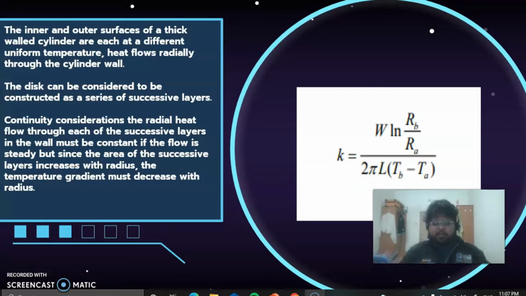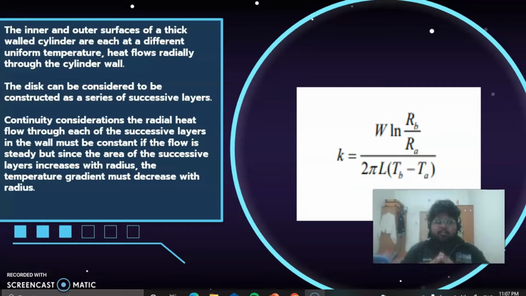In this experiment, there is a disc which can be considered to be constructed as a series of successive layers. The disc acts as a simulation of the radial conduction.